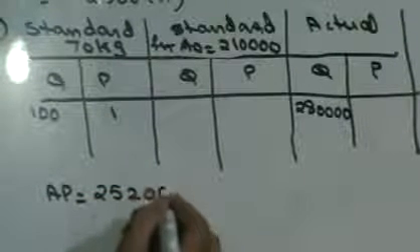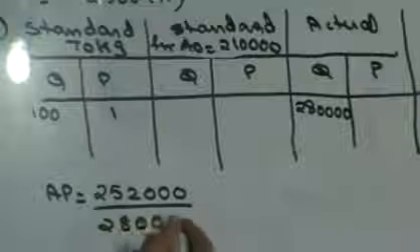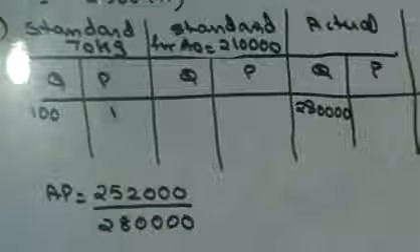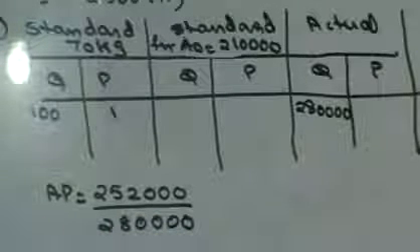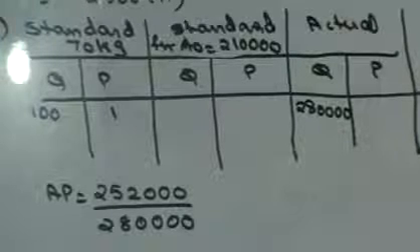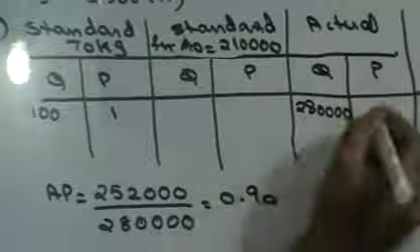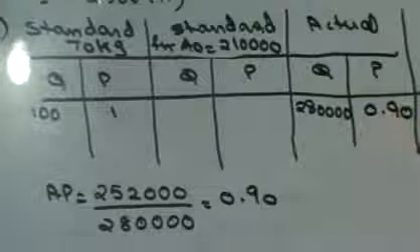Since the total cost of material is given to you, I can find out the actual price. The cost of material is given as 2,52,000, the total cost, in which we have purchased 2,80,000 units. Therefore the cost per unit, the actual price, is 2,52,000 divided by 2,80,000, which is 90 paisa, so 0.90.